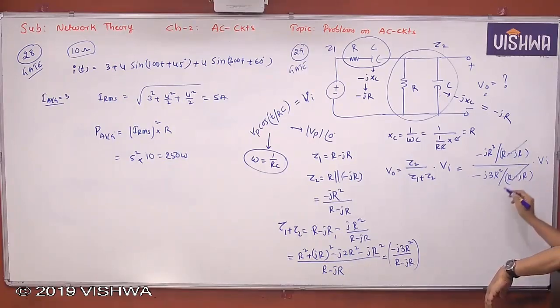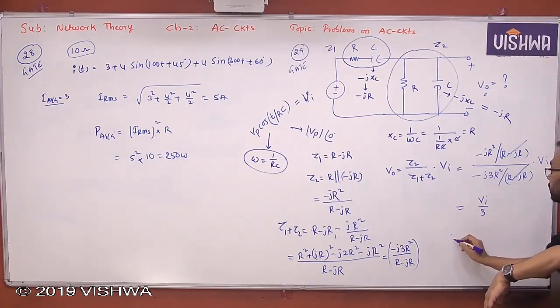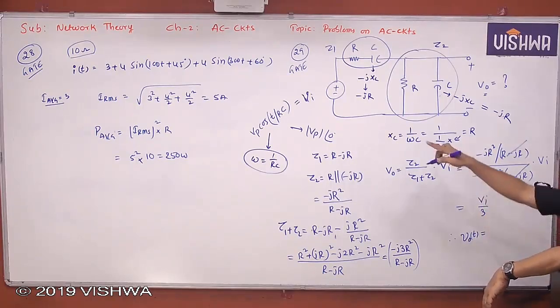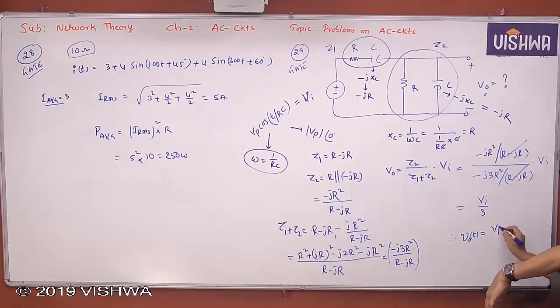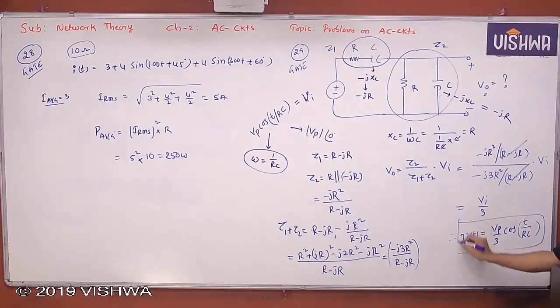These two get cancelled and j gets cancelled, R square cancelled. Finally, you are left with Vi by 3. That means V naught of t will become Vp by 3 cos(t/RC). This is your final answer.